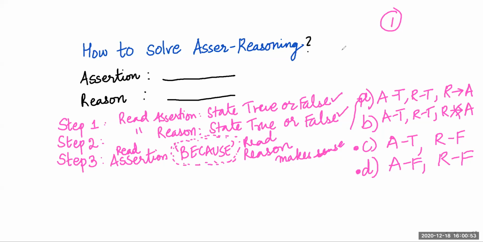Okay. Now let's read the first question. Assertion, sponges have body organization of cellular level. Reason, there is some physiological division of labor. Okay. There is some physiological division of labor.